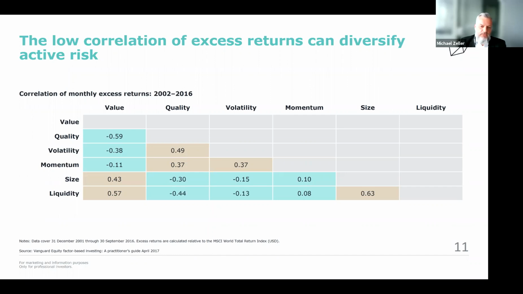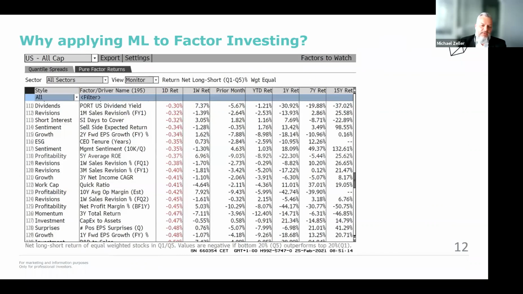On the next slide, I want to talk a little bit about why we try to apply machine learning to factor investing. This is just a snapshot from the Bloomberg terminal. Bloomberg defines, in that case, 195 different factors. And if you have a closer look at the so-called factors, you will see that most probably you could change something and then you would get an even bigger number of factors.